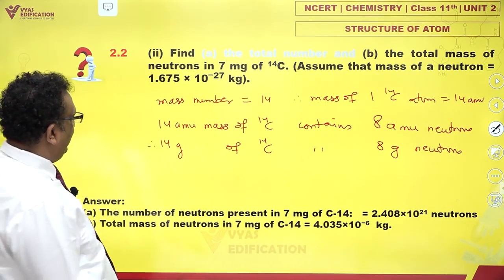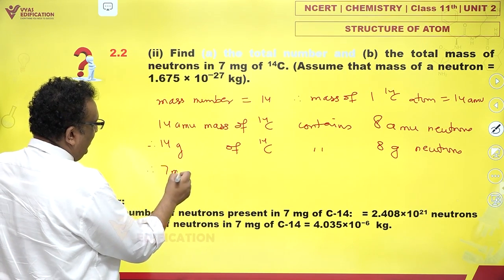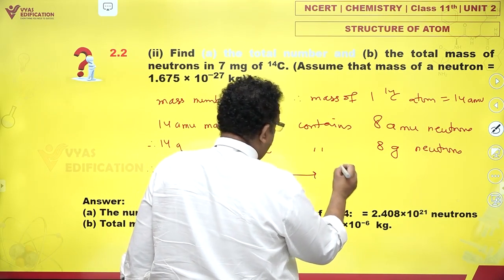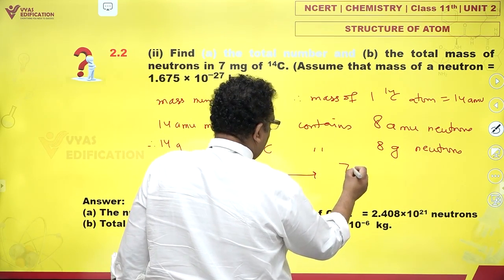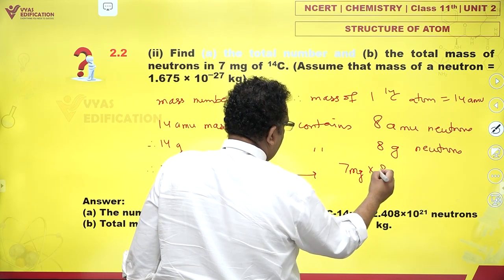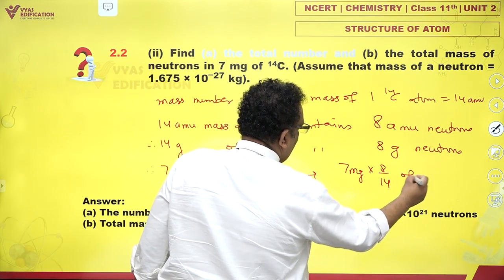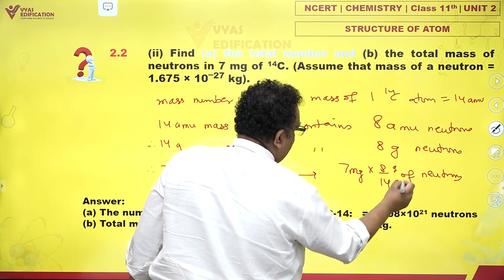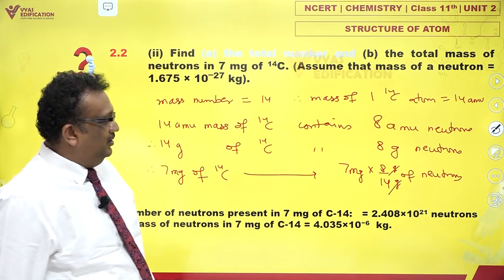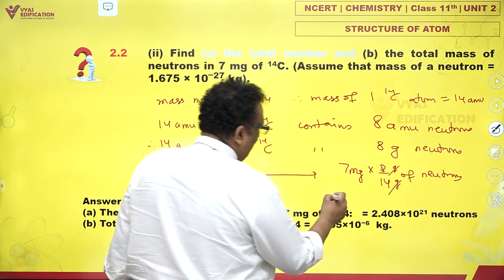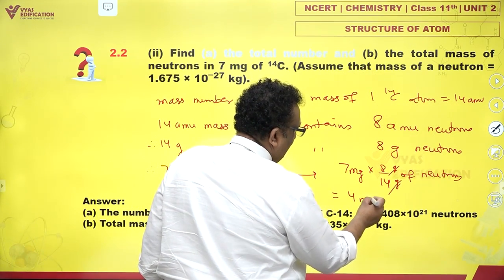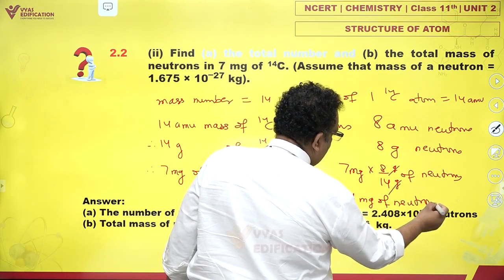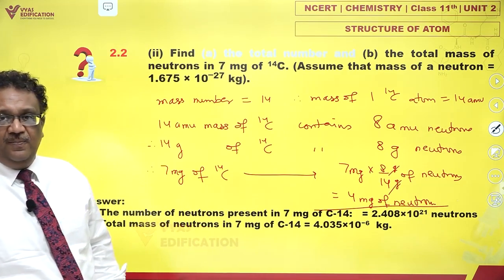That means if I have 7 milligrams of C14, it contains 7 milligrams into 8 upon 14 of neutrons. The units cancel off. So that is 4 milligrams of neutrons. Of course, this is an approximate answer.